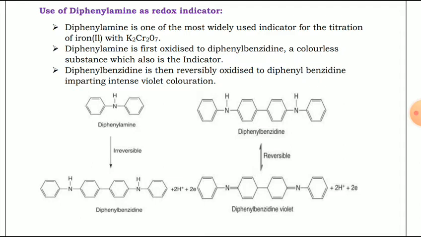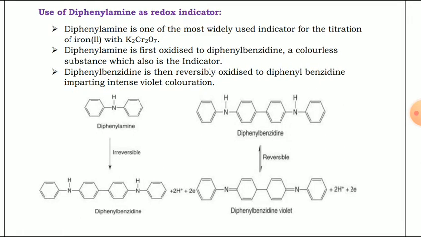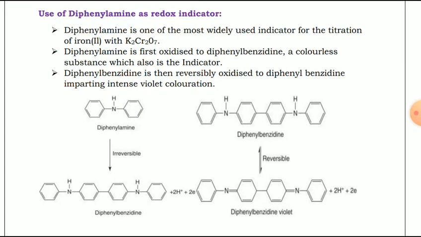It will reversibly oxidize into the diphenylbenzidine with liberating 2H plus and 2 electrons. Then that diphenylbenzidine again reversibly oxidizes into diphenylbenzidine violet in violet coloration. These are the two reactions of the diphenylamine indicator.